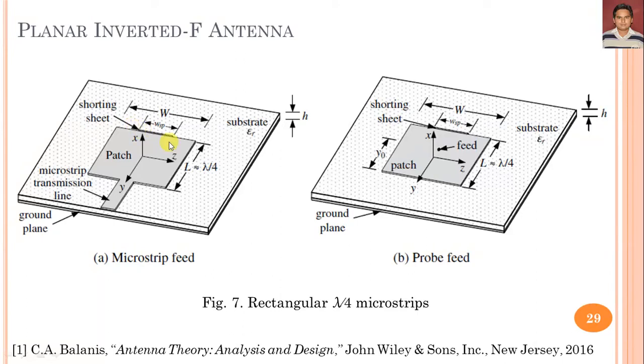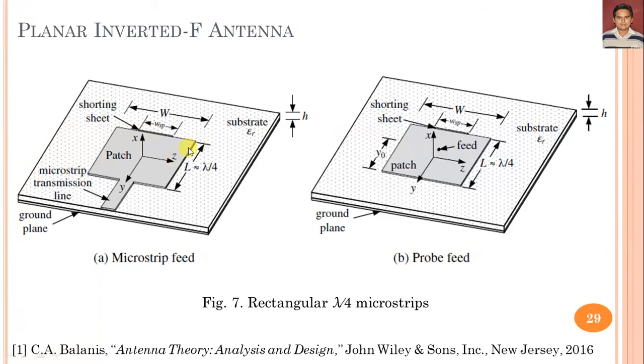If we remove this shorting sheet, it behaves like a rectangular microstrip antenna. If we connect this shorting sheet, whose width is WSP, then this configuration is called an inverted F, or a variant of the planar inverted F antenna, and we take the substrate epsilon r and height h.